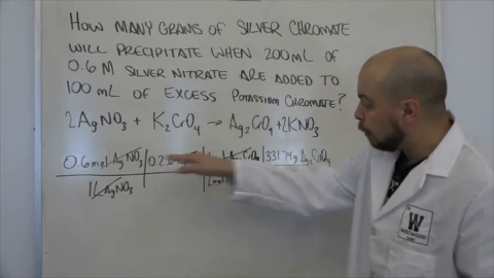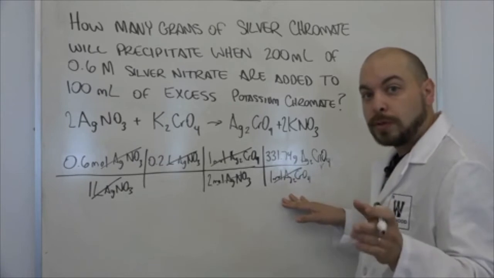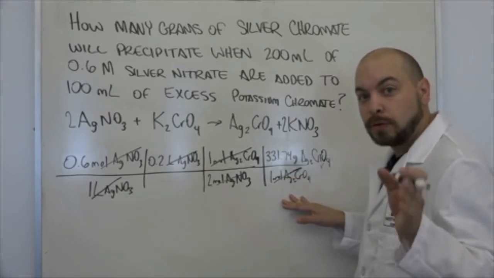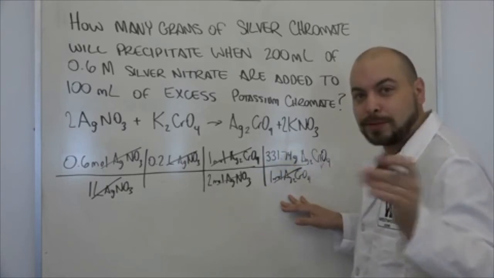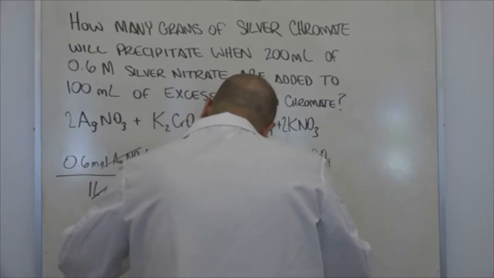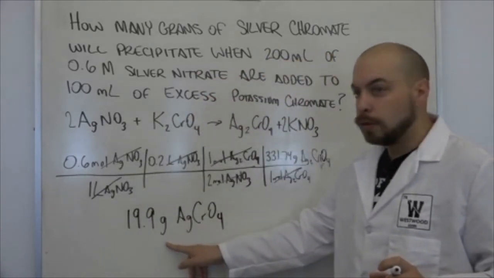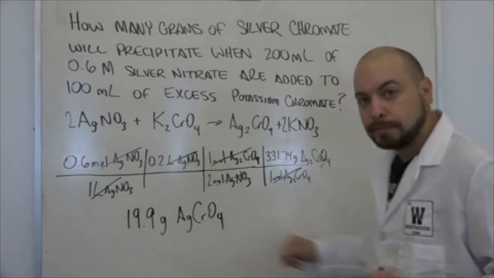Now, we multiply across the top, we divide across the bottom, and we're going to get the number of grams of silver chromate that result from this reaction. And that's going to be 19.9 grams of silver chromate.